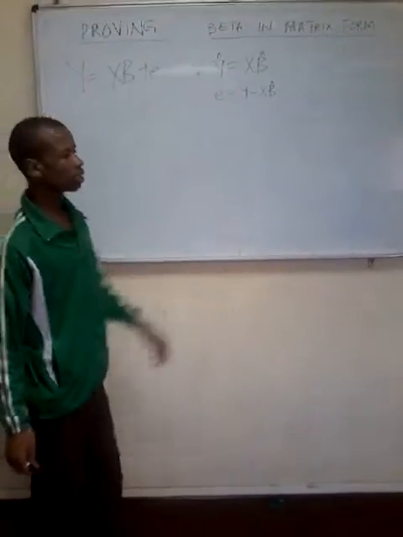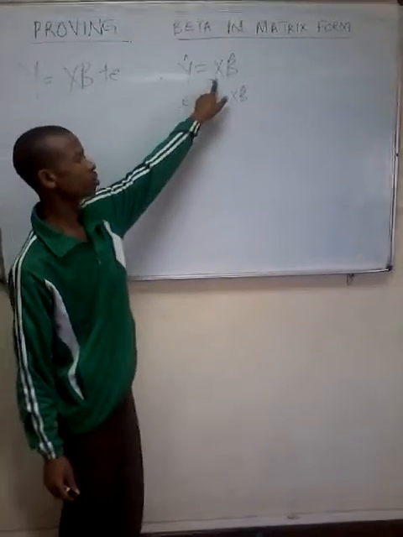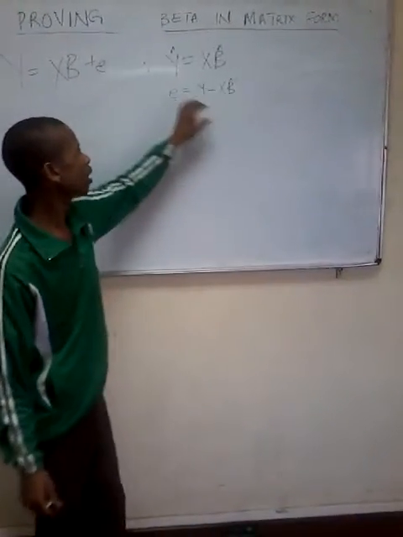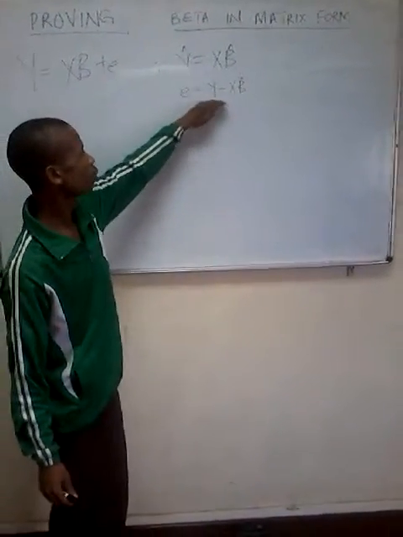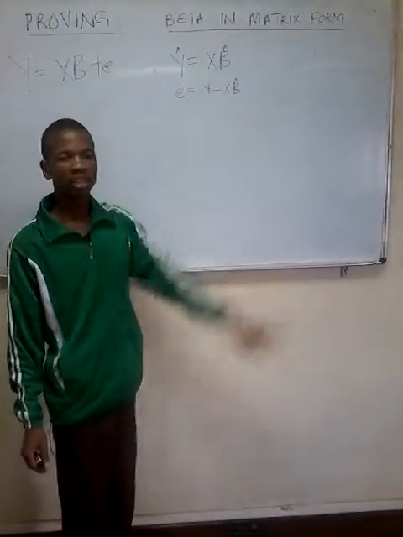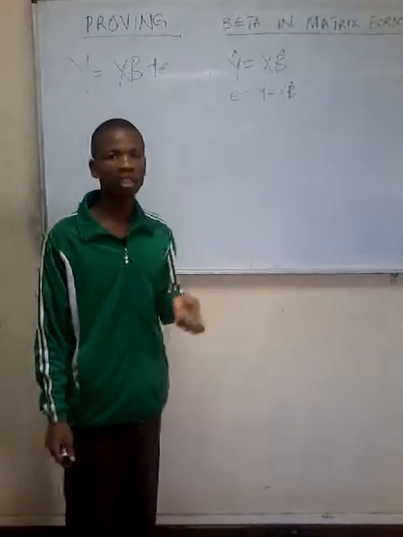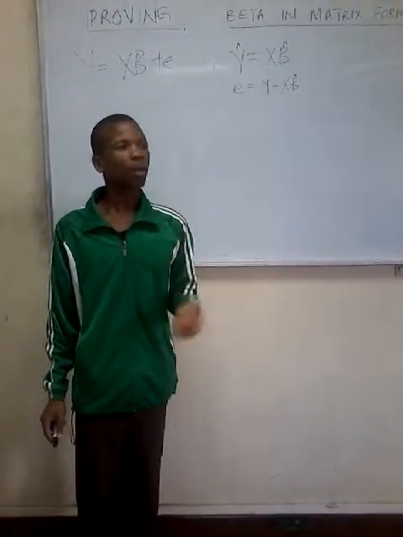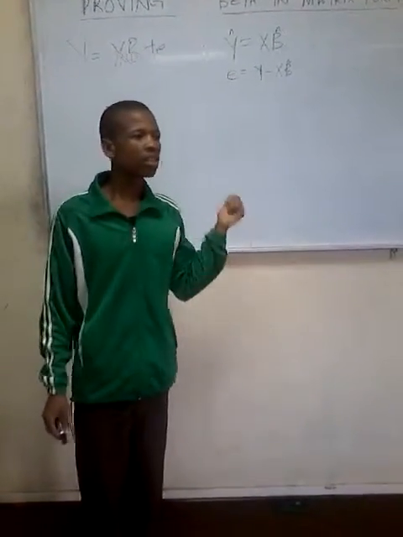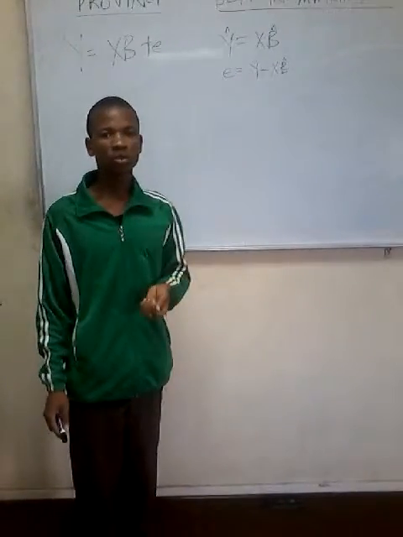And here our estimated value of y is equal to X beta hat, where our error is equal to y minus X beta hat. Then finding the value of beta hat in matrix form involves minimizing the squares of our residuals.